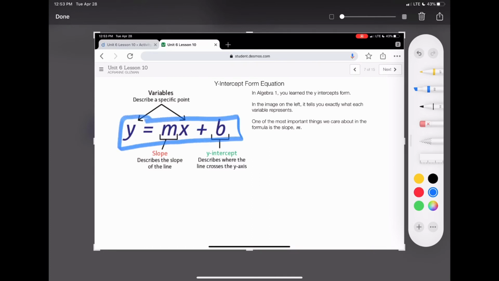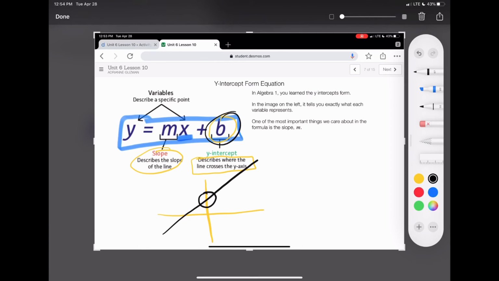Now, the variables represent different items. So your m, again, you notice how it's right next to x. That represents your slope. And then this b, that's always your y-intercept. That describes where the line crosses the y-axis. So if you had a graph here and you had a line, this point right here is your y-intercept. That would be your b.